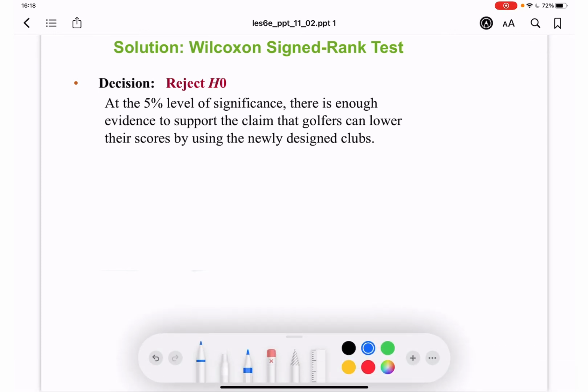Write down: when the critical value is greater than the test statistic, or the test statistic is less than the critical value, we reject the null hypothesis. Okay?